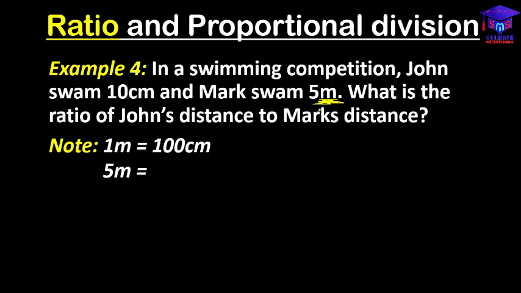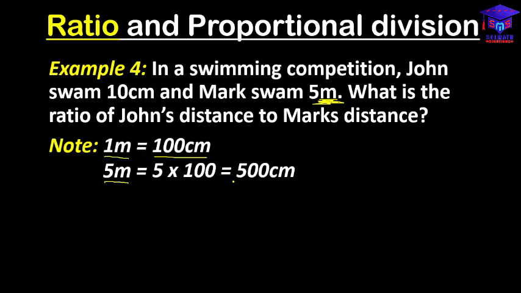It's simply going to be 5 times 100, and that will be equal to 500 centimeters. Is that right? Good. Every 1 meter is equal to 100 centimeters. So 2 meters will be 200, 3 meters will be 300, 4 meters will be 400, and so 5 meters will be 500 centimeters.